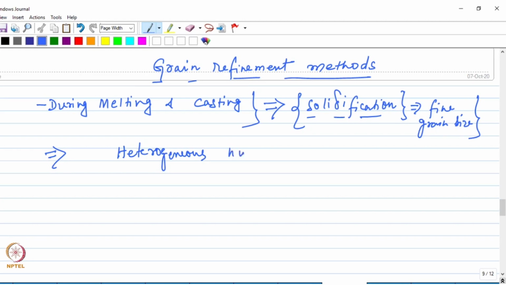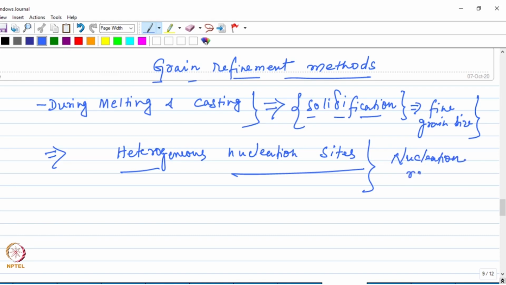And if you can provide some heterogeneous nucleation sites, it will basically increase the nucleation rate, which will lead to a finer grain size.